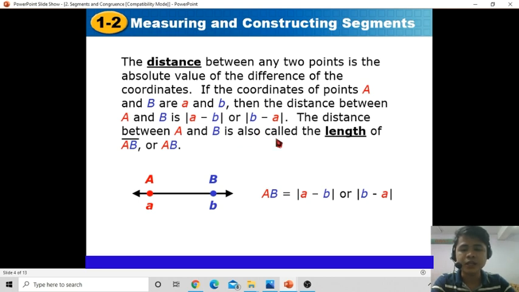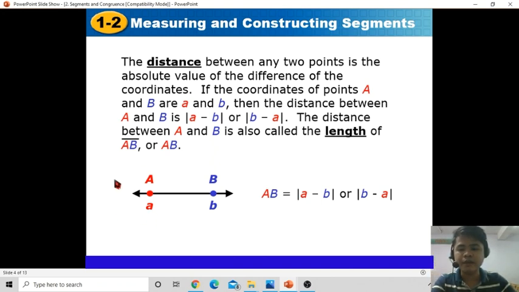The distance between A and B is also called the length of segment AB, or AB. Okay, when there is no segment sign above AB, it indicates the length of the segment.